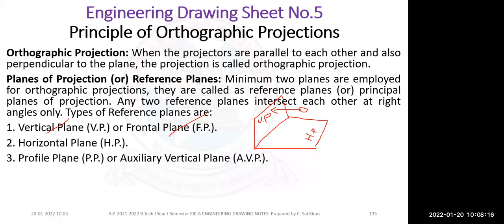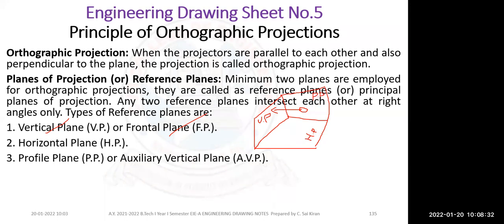The next one is the profile plane. The profile plane is, suppose I want to measure this side, so this is my profile plane, PP, which is nothing but the side view.